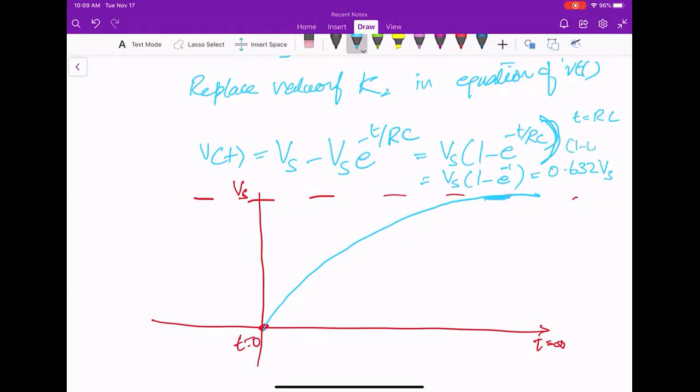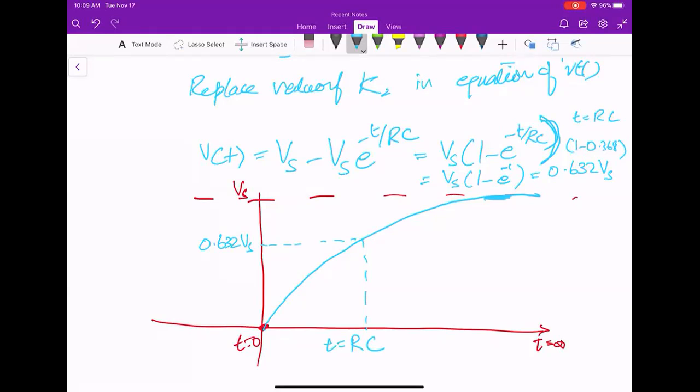Because 1 minus 0.368 will be this. So it means that instead of decreasing, it's a growing exponential. If this is your RC, this will be your 0.632 Vs. Sounds good? Am I right about this?